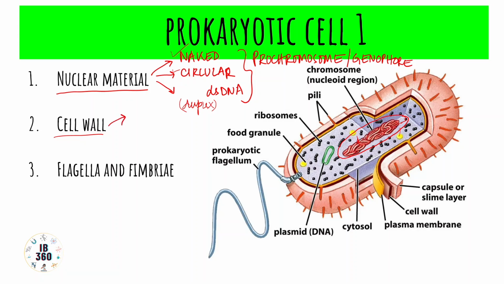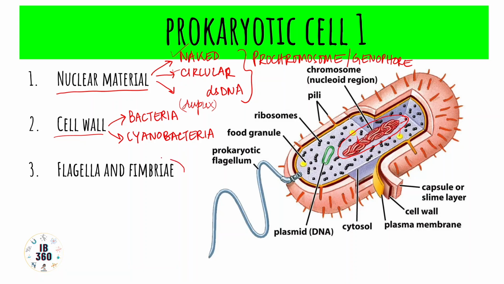Cell wall is found only in bacteria and in cyanobacteria. Mycoplasma and PPLO lack cell wall. It is a very basic but very important information.